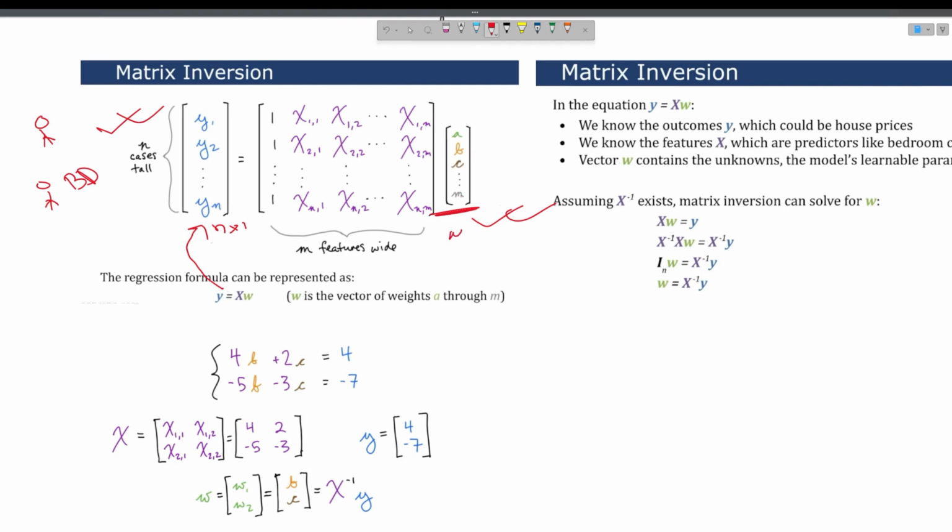We're not sure about the number of rows here, just assuming it's m, and the column is obviously 1. Here we have columns, not m directly, m plus 1, you can see 1 to m, and then just 1 also.